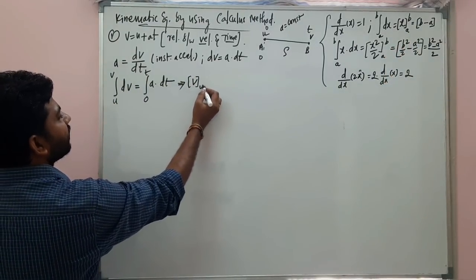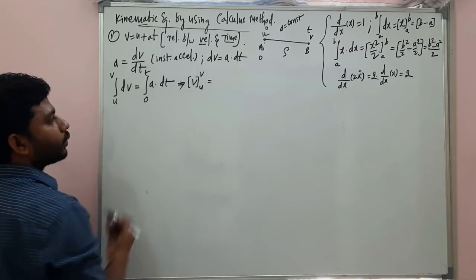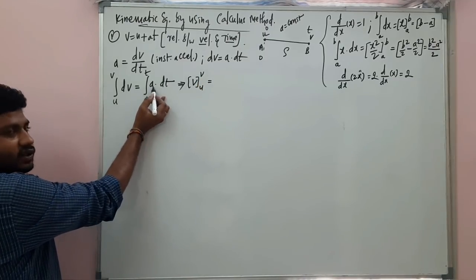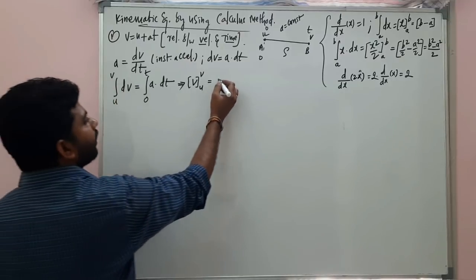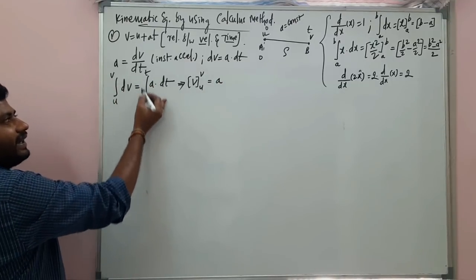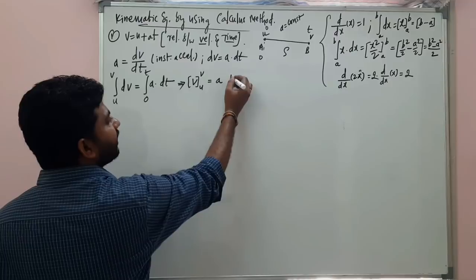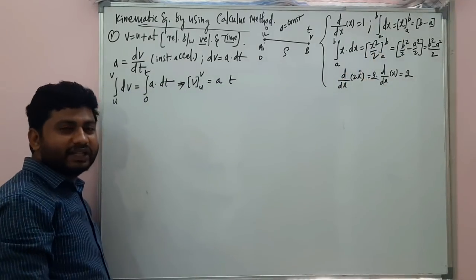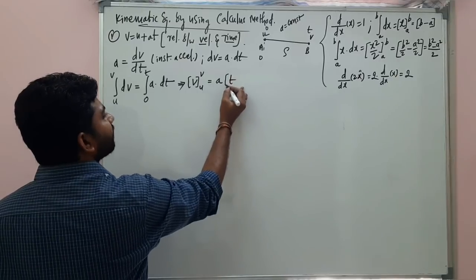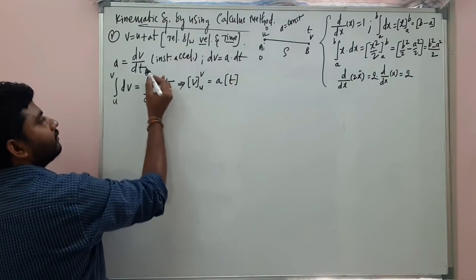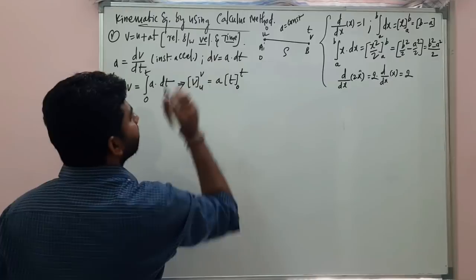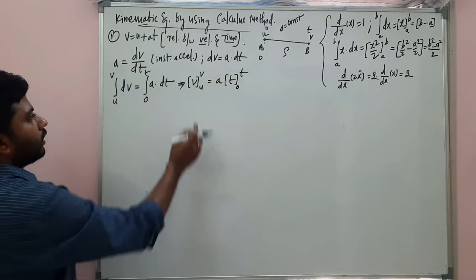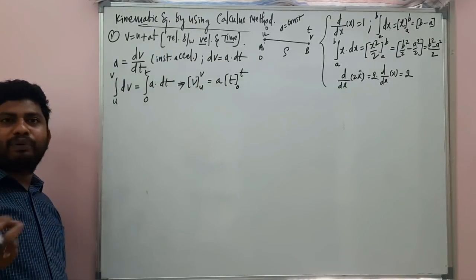So u to v is equal to, anyway a is constant, so it comes out, a times integral dt. Integral dt is t, same as integral dx is x. The limits for time are 0 to t. Now, how to apply the limits?